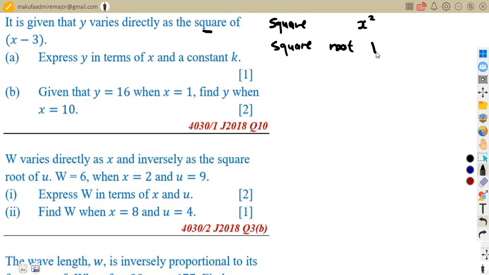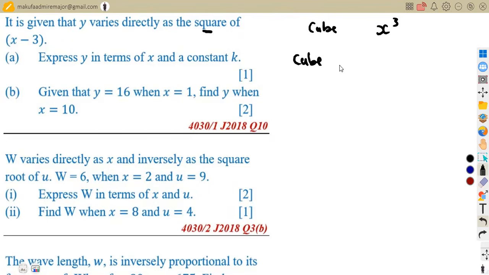For the square root, we are supposed to see the root sign, the square root of x. So here they want the square, to the power of 2, not the square root. Do not confuse. The same with the cube: x to the exponent of 3, versus the cube root of x.